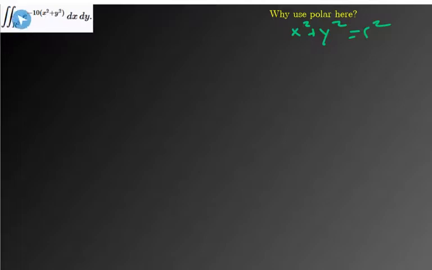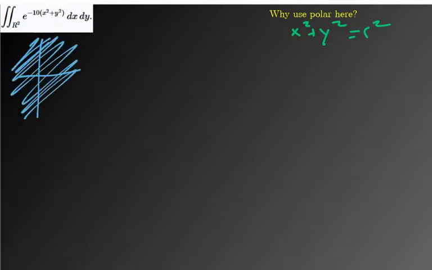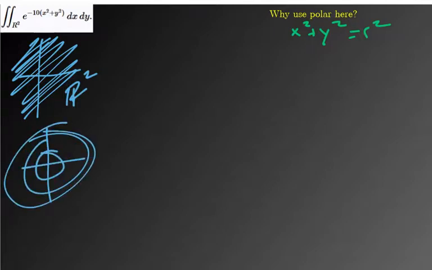It asks you to integrate over R2, the full two-dimensional plane. In polar, we typically think of circles as our coordinate axes now.